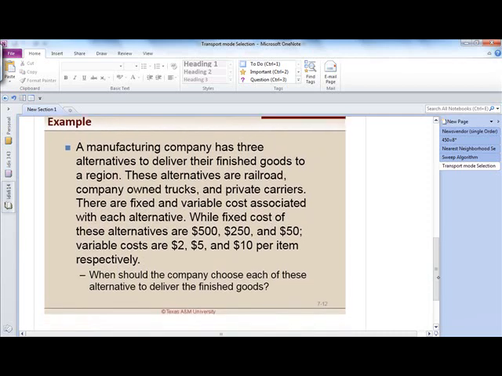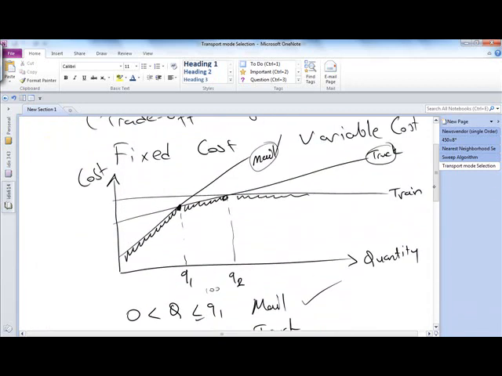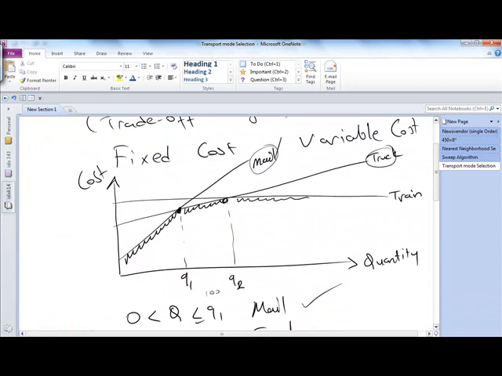If you look at the figure above, at this point the cost of mail and truck are equal, and at this point truck and train costs are equal.